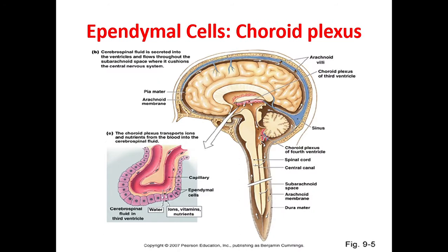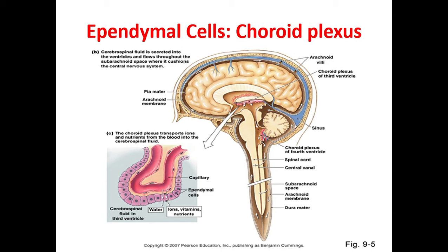In this illustration, you can see the longitudinal section of the brain. I think this is one of the hemispheres, either right or left. You can see small white arrows that tell us the flow of the nutrients from the central canal going to the spaces in the brain.